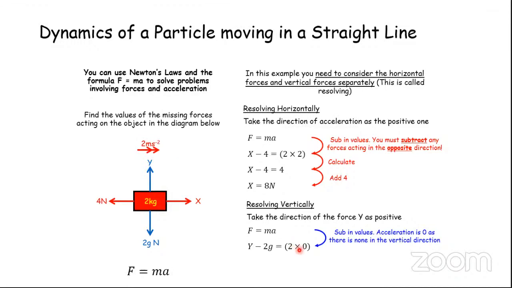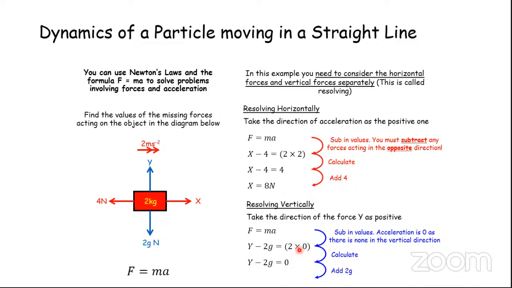That is why the 2 is multiplied with the 0. By calculation, y minus 2g is equal to 0, because 2 times 0 is 0.